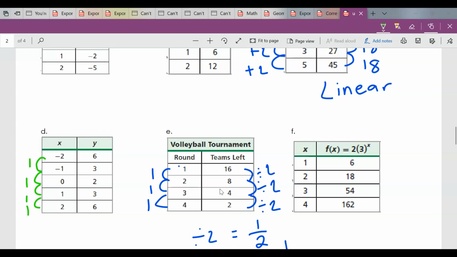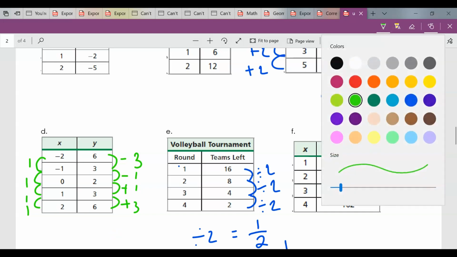And then we're going to check and see what's happening on the other side. I go down 3. And then I go down 1. Then I go up 1. And then I'm going to go up 3. Definitely not linear because these are not the same.